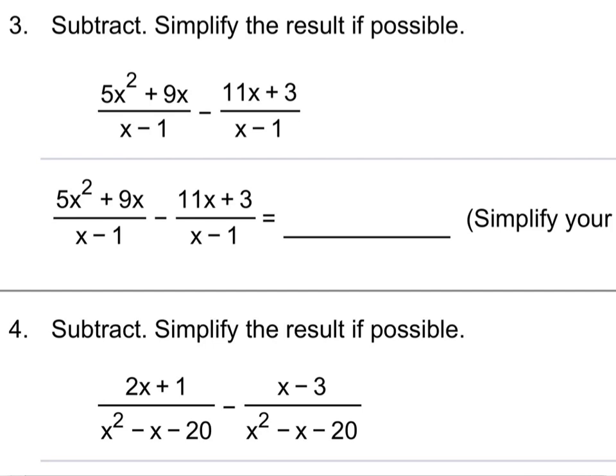Be careful on that first step. I think you'll get more out of it if I let you do it wrong and then I correct you than if I just said it. Common denominator. We don't need to mess with the bottom, right? Just common denominator. The top we're going to subtract.